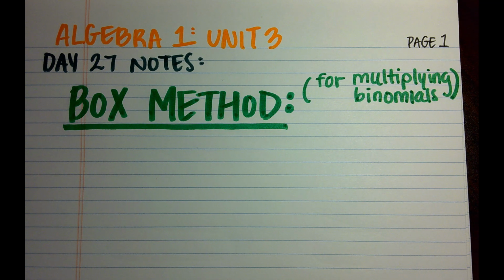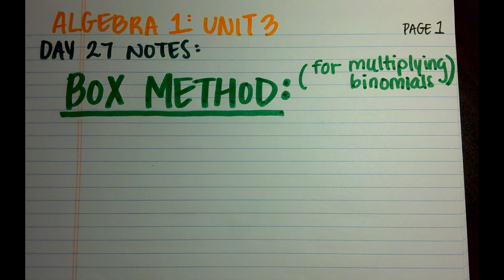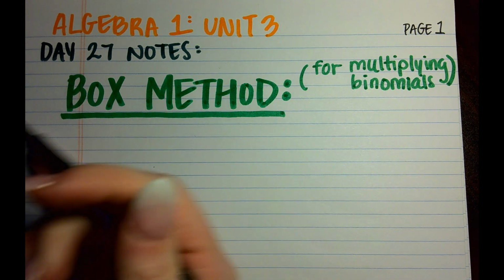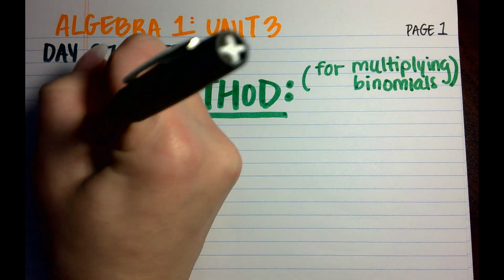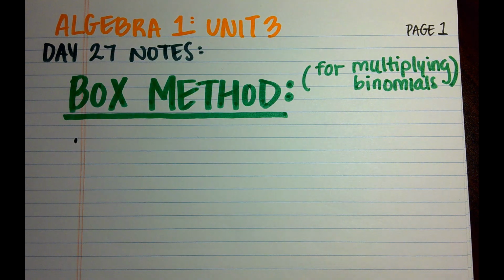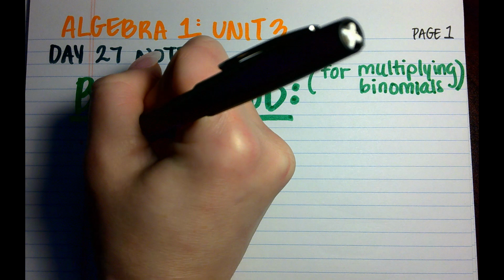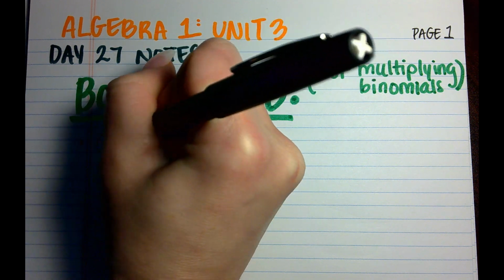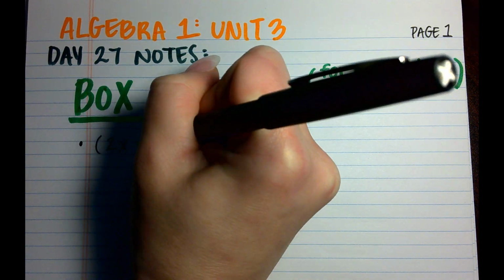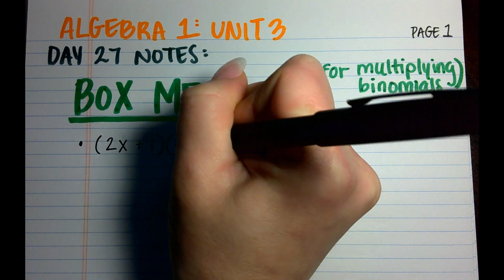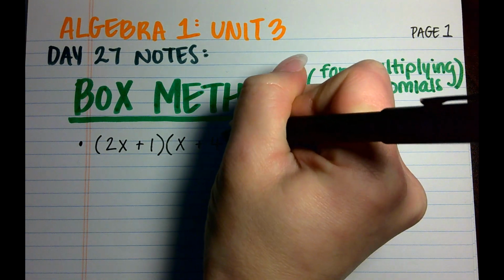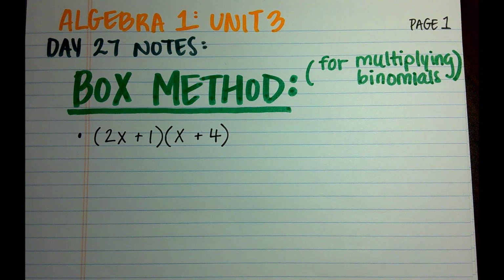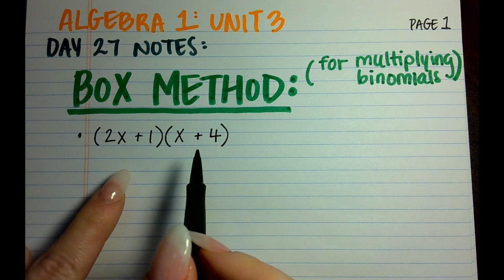So let's see. Here's how we use the box method. If I were to start off with two binomials being multiplied, such as 2x plus 1 times x plus 4, here's how the box method would work.